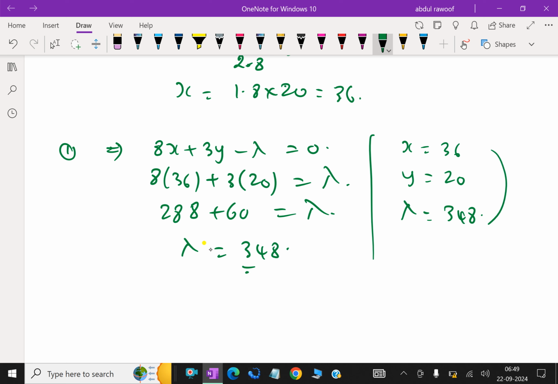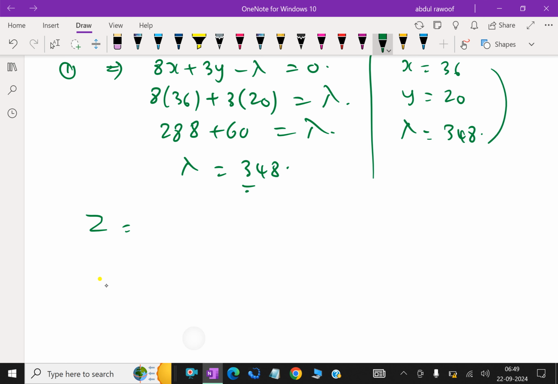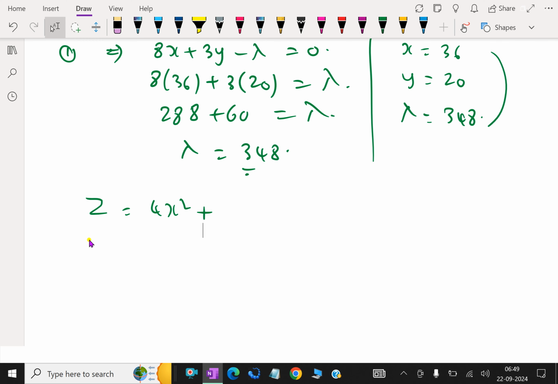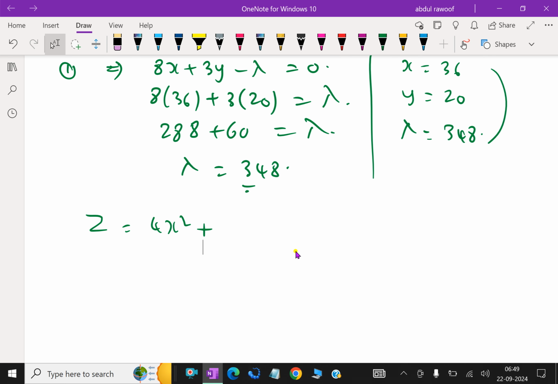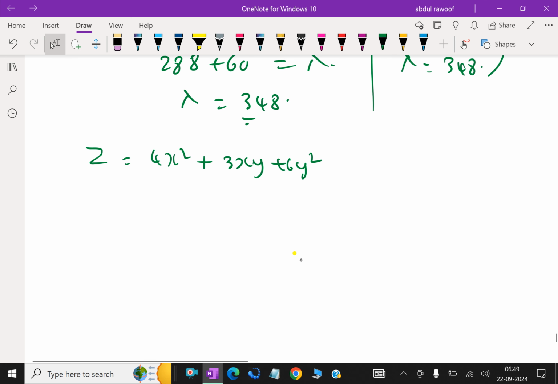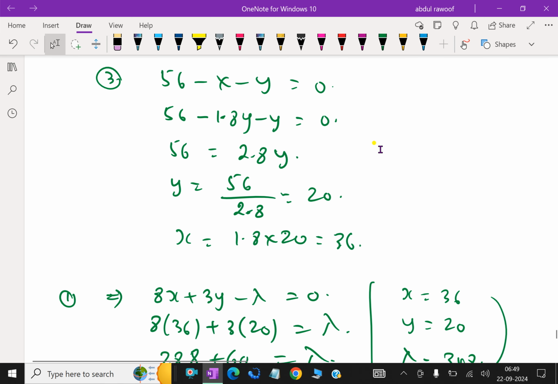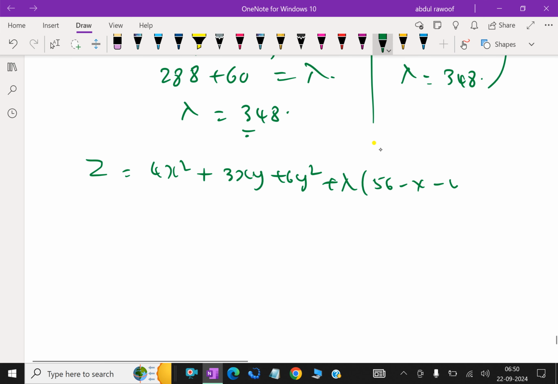We have to substitute these values in the original optimization equation, that is z equal to 4x square plus 3xy plus 6y square plus lambda times 56 minus x minus y.